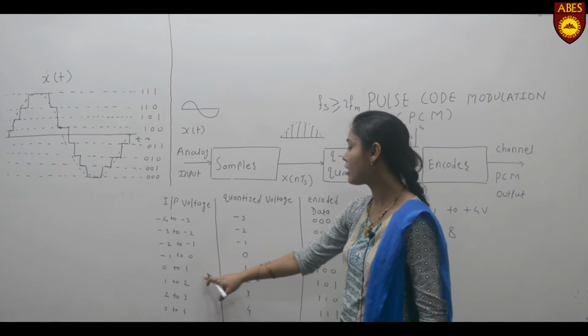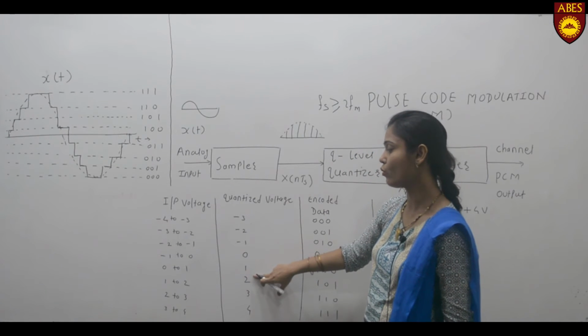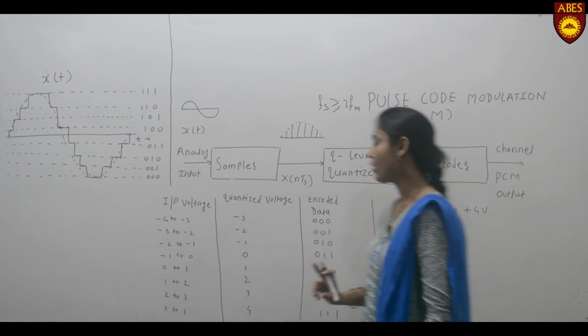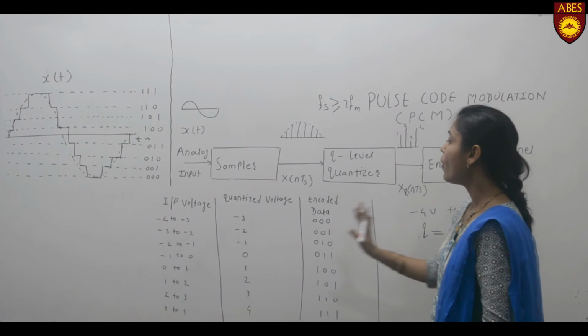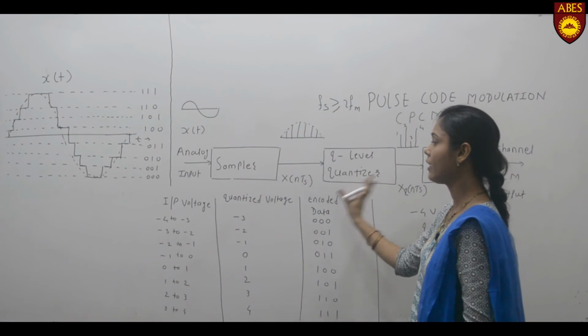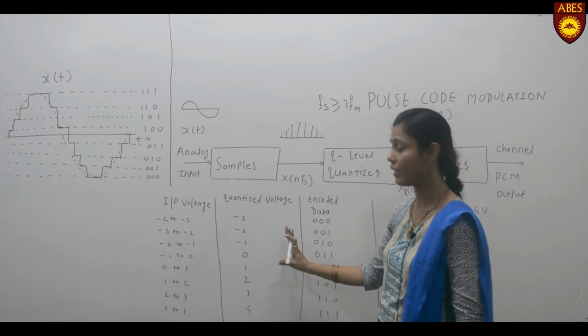The quantized voltage for that sample is 2 volt. Similarly, we have different voltages. This task is performed by the Q level quantization, that is, conversion of the infinite voltage range into a finite voltage range.